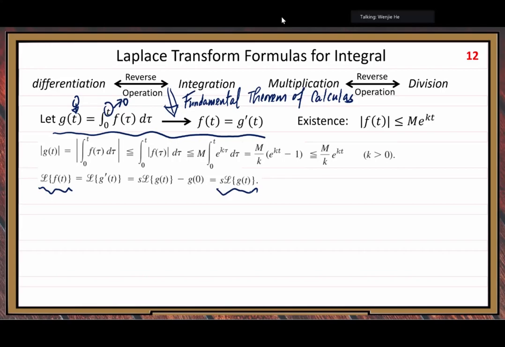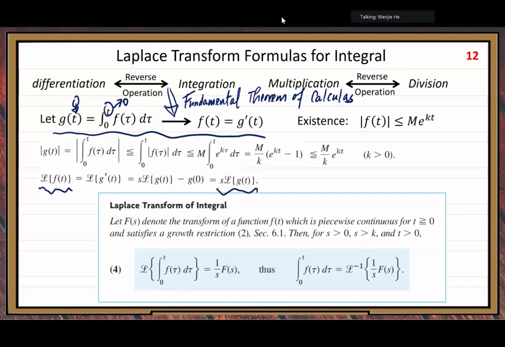Now let's do the interpretation. Because the g function is defined as the integral, you have the Laplace transform of the integral at the right hand side. Let's write another step.